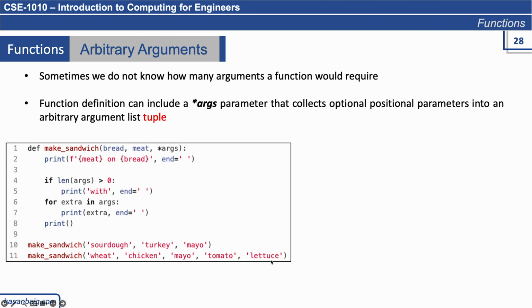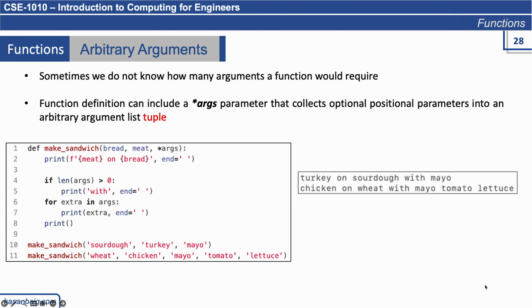In such a scenario, you can use the asterisk args, and you can pass any number of arguments after the required arguments. When you run this code, it will just execute this piece of code and print this statement. I'm not going to explain this. It's a simple thing, the for we will be talking about later today.